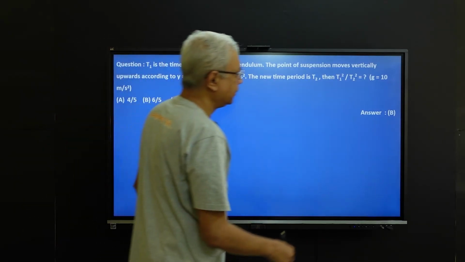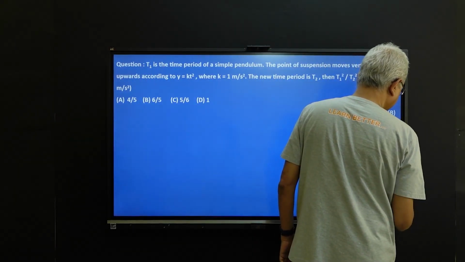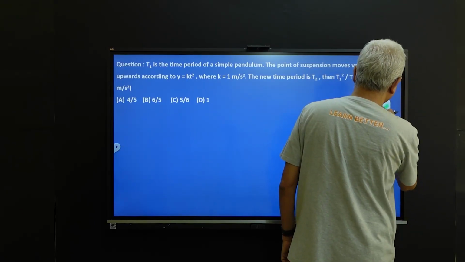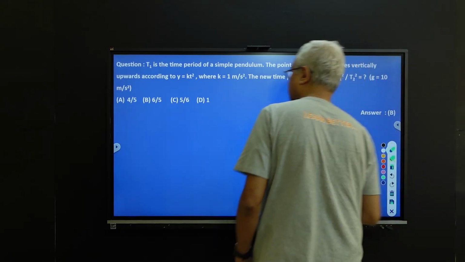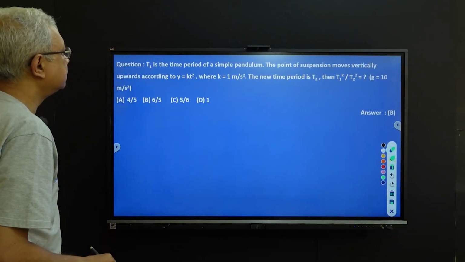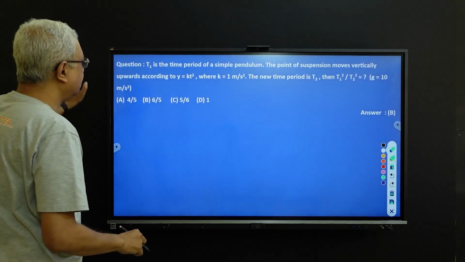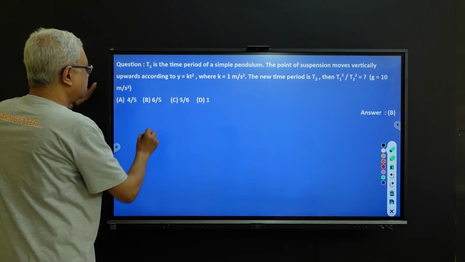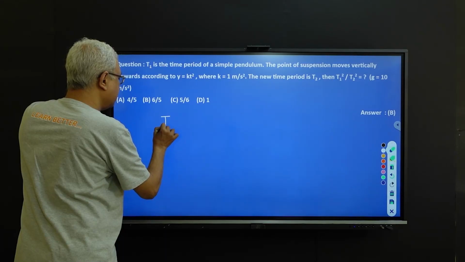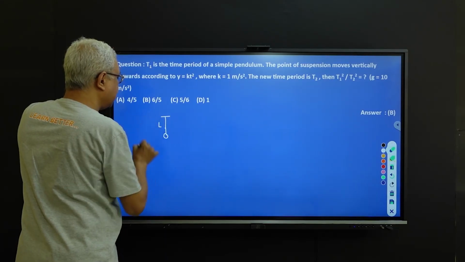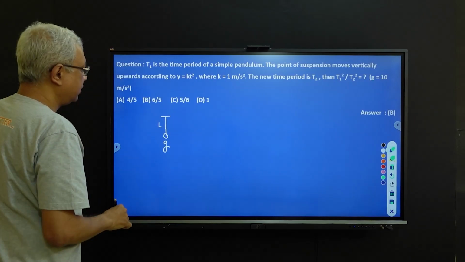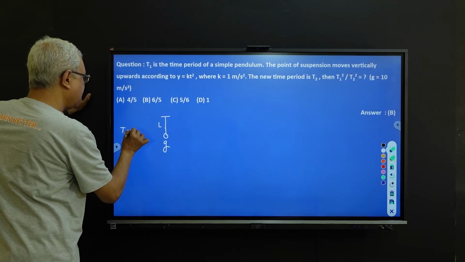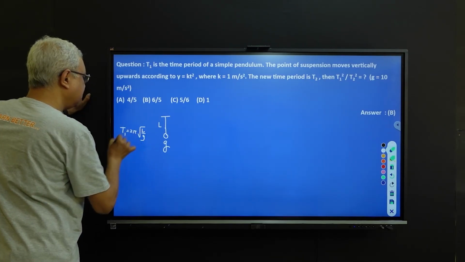Next problem. T1 is the time period of a simple pendulum. So consider the pendulum whose length is L and acceleration due to gravity is g. Then time period T1 equals 2 pi root over L by g.